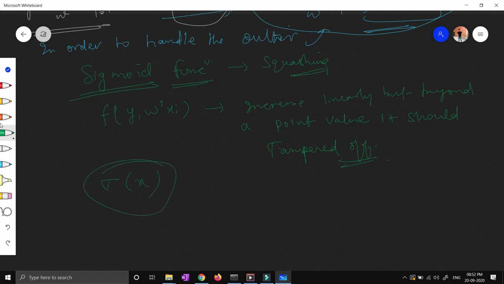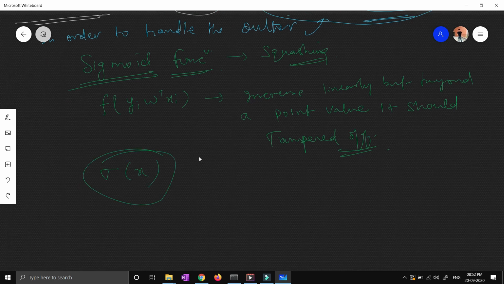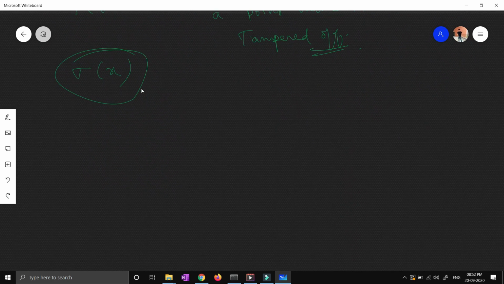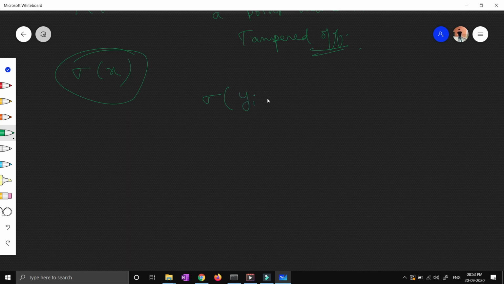How we will denote the sigmoid function, sigma x, where my x is w transpose xi, right? If I calculate this particular function, I'll say that this is my sigmoid function.